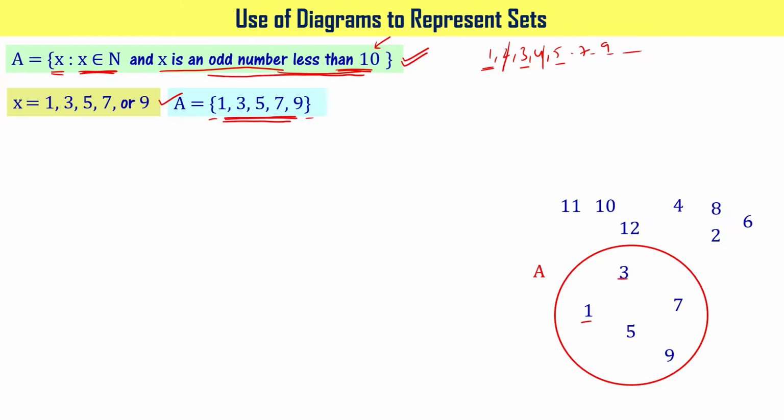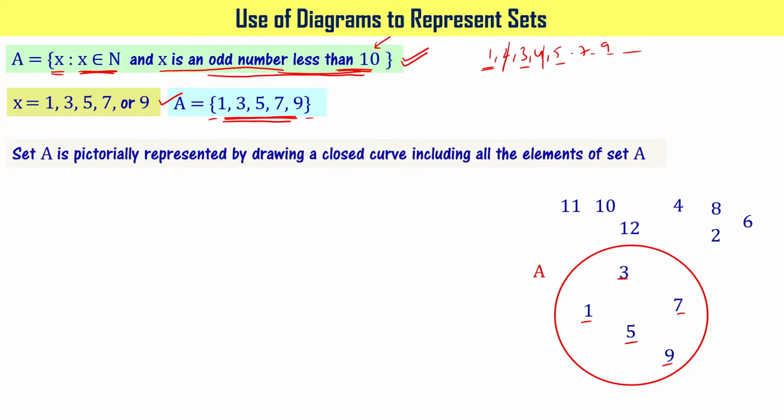Set A is now pictorially represented by drawing a closed curve around all the elements of set A, right?